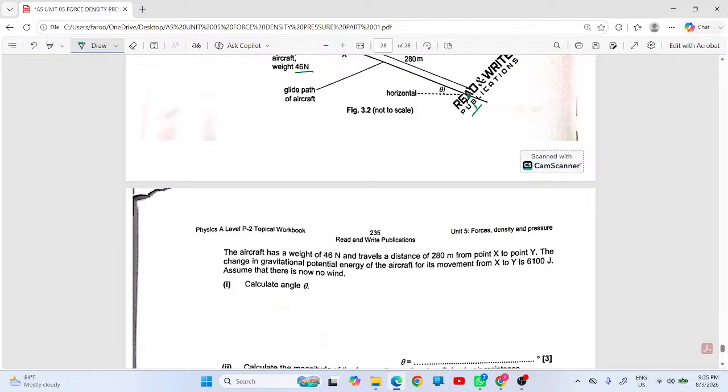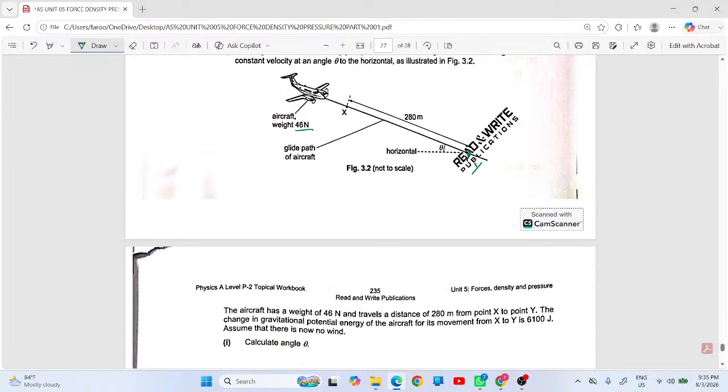Theta कैसे find करेंगे? ये component बना देते हैं. एक तो component ये होगा ना. This one is the horizontal.